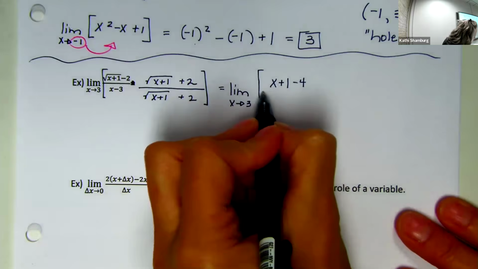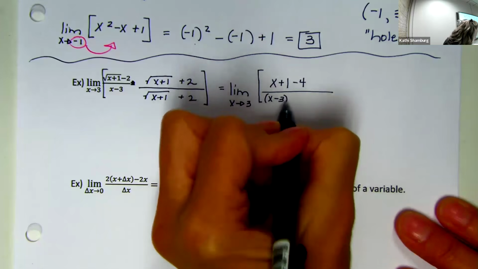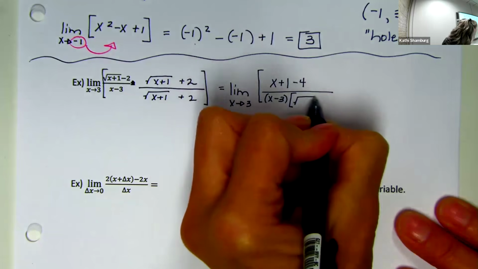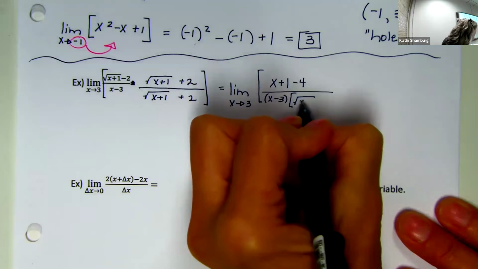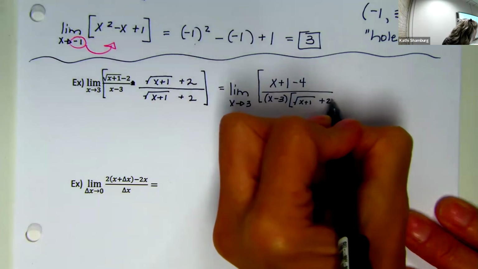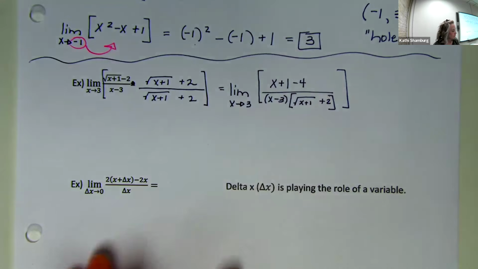Now, in the denominator, I'm just going to write the binomial x minus 3 times the square root of x plus 1 plus 2. I'm not going to go through distributing that because I don't think we need to do that. Okay?